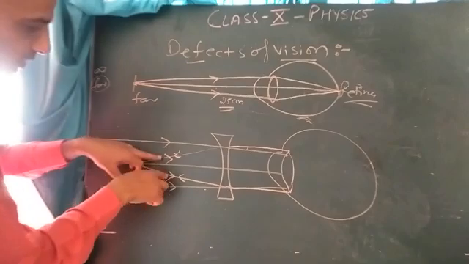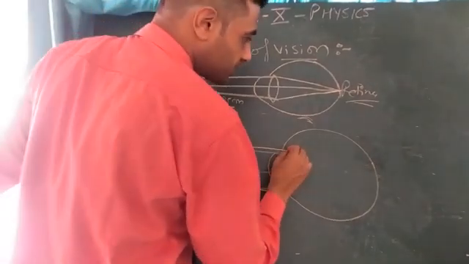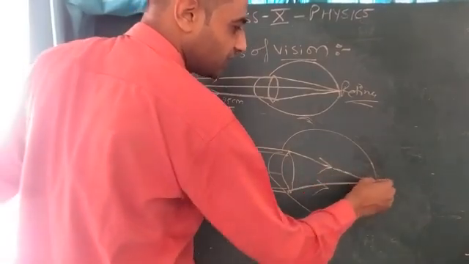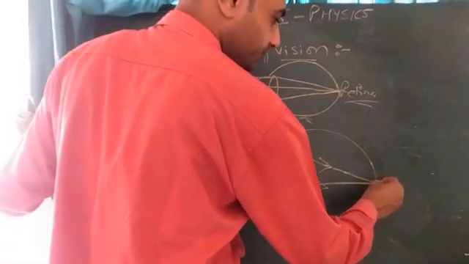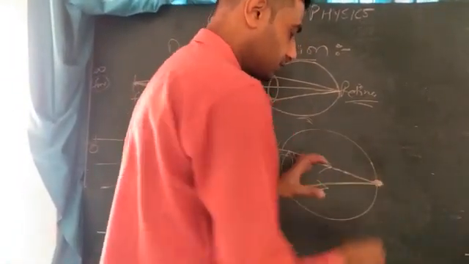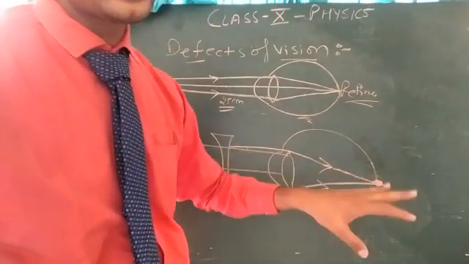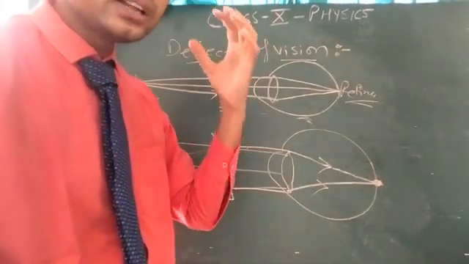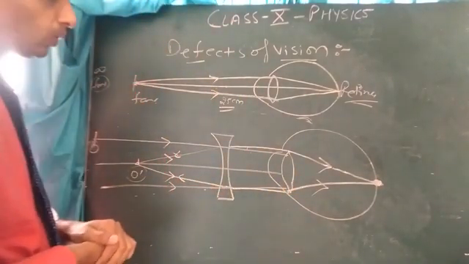At this point rays start and are incident on the eye lens, and in this case the ray is incident on the retina, and our retina consists of sensitive cells, and those cells convert optical signals, and these signals are transferred to our brain by the optic nerve, and our mind gets the signals and can see the object properly or clearly.